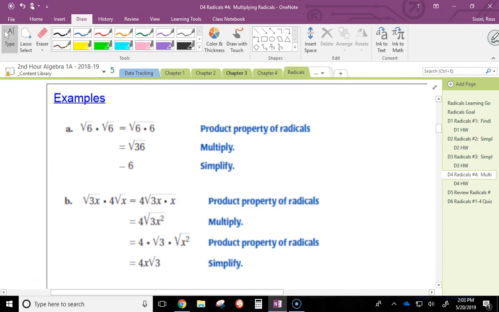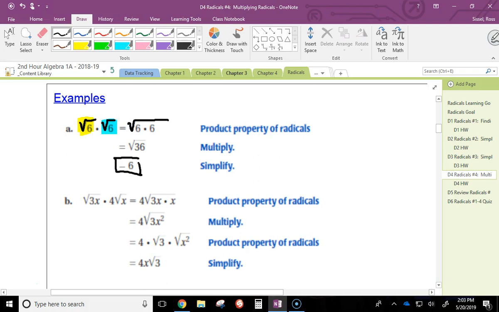Alright, so our examples. If I take the square root of 6 and I times it by the square root of 6, because both of these are square roots, I can put them all under one square root. And then I just have 6 times 6, and the square root of 36 is 6. Well, so you should see there's a shortcut here.